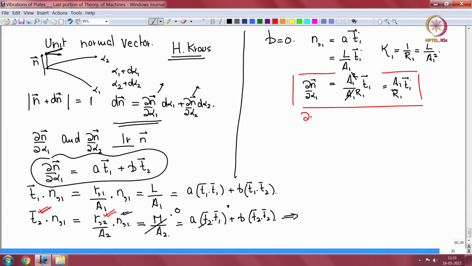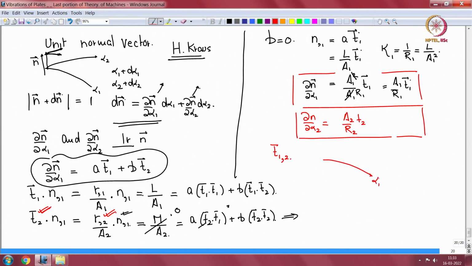Similarly, del n by del alpha 2 is equal to A2 by R2 into T2. This is also another formula we will use along the way, the occasion will come. Now we will need T1 comma 2. What is T1?